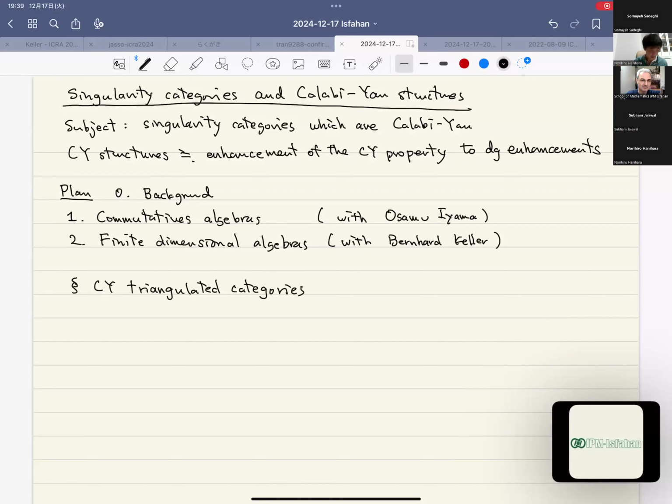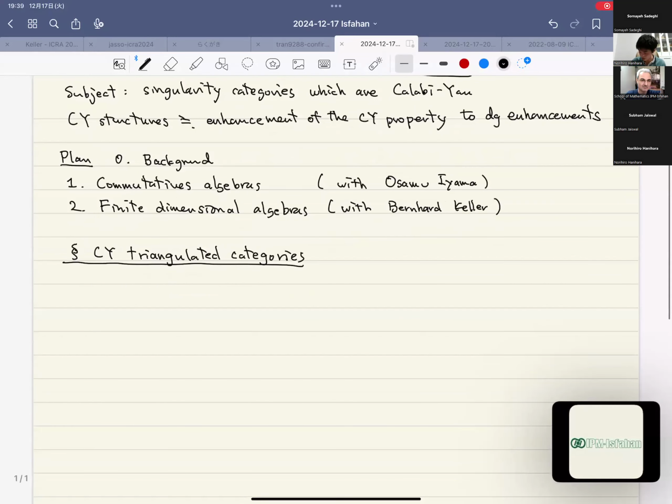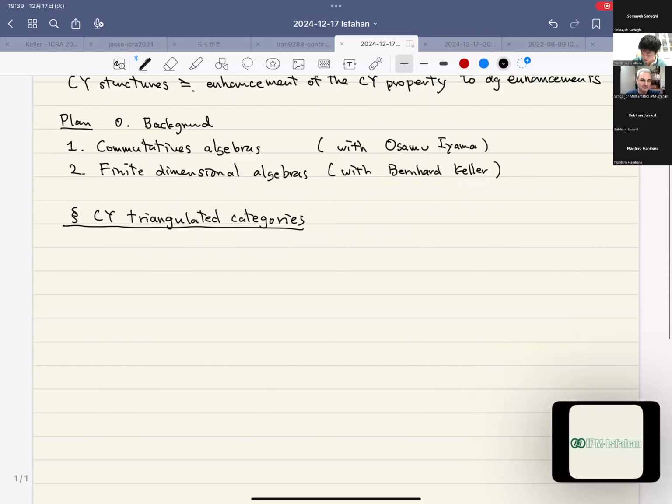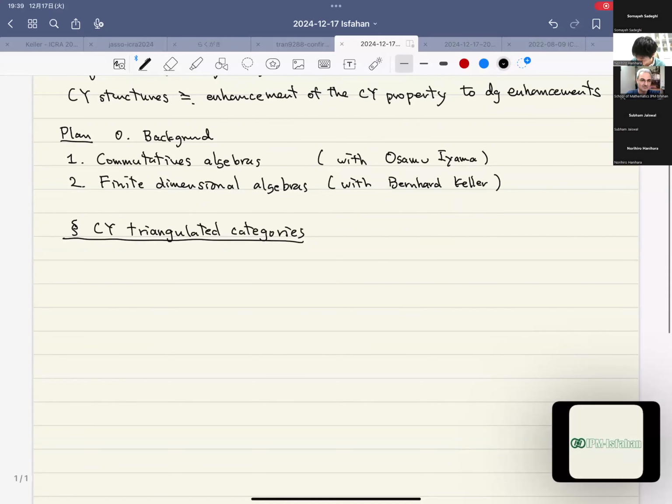Throughout, I will fix a base field K, which I assume to be perfect for simplicity. And the definition is, let T be a K-linear triangulated category.